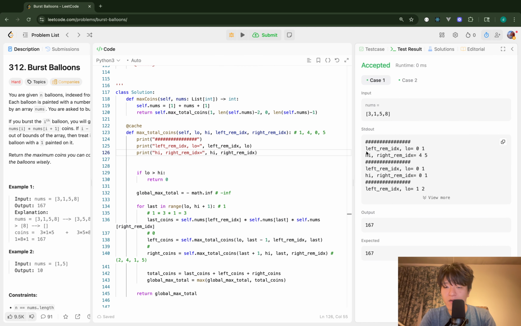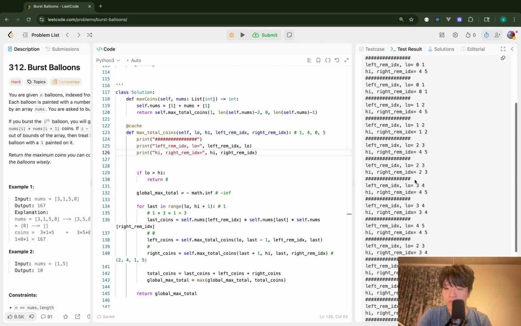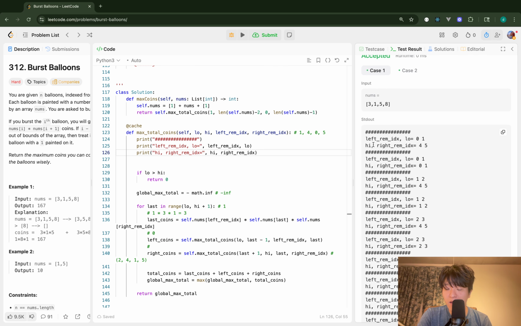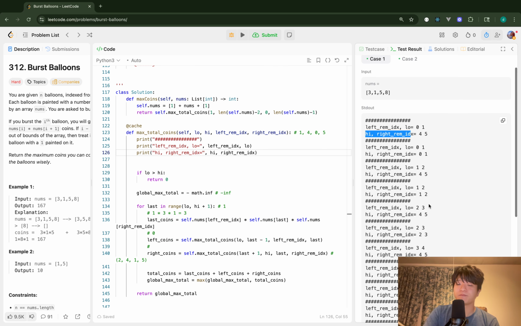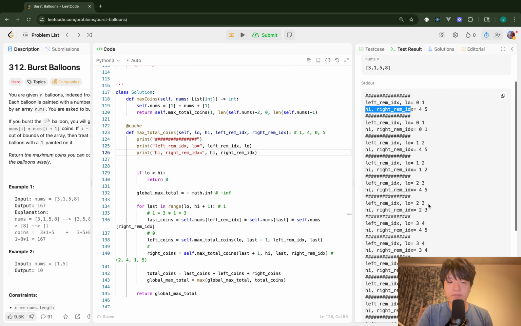What I notice here is that the left remaining index is next to the low index. It's always true: 1, 2, 2, 3, 3, 4. And the high index and right remaining index are adjacent: 4 and 5, 0 and 1, or 1 and 2. Yeah, so it seems like they're adjacent.